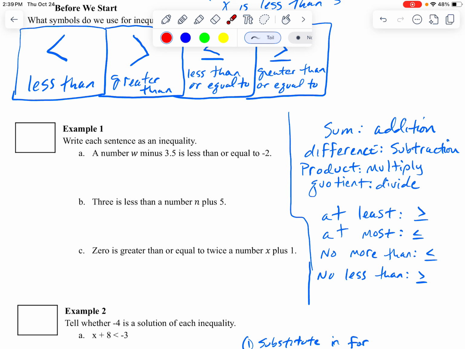For example, the sum of some number x and 3, meaning I'm adding them together, is greater than 5. We could translate that from words, and later on we'll get into the whole solving bit.